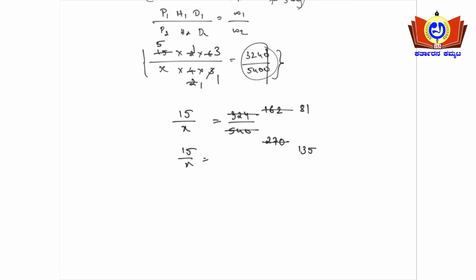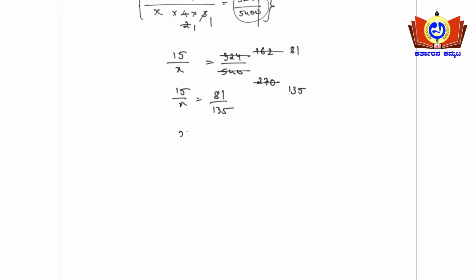So 81 by 135 equals 15 by X. So X will be 81, so 135 into 15. 9 9s are 81.